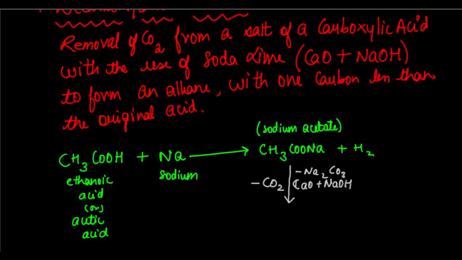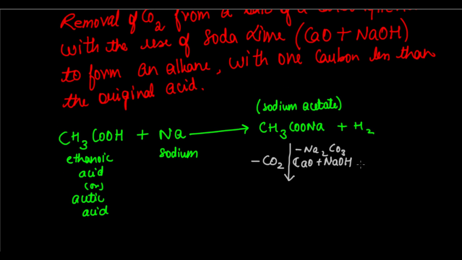So basically it loses this, and ultimately you will get an alkane. But the alkane will have one carbon less, as I told you. So how many carbons does this have? Here the number of carbons is 2. So you're going to get an alkane with one carbon less than 2. That is 1 carbon. 2 minus 1 is 1 carbon.